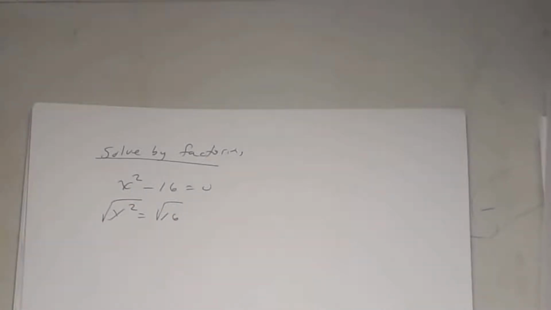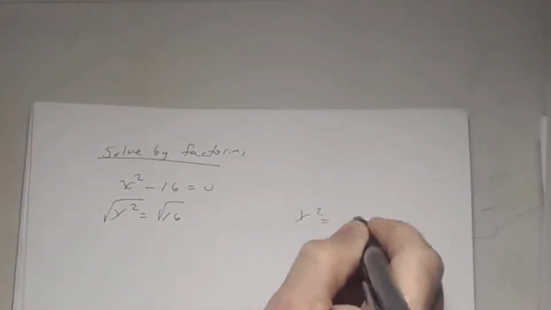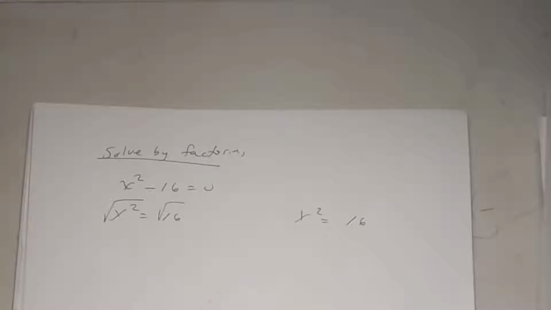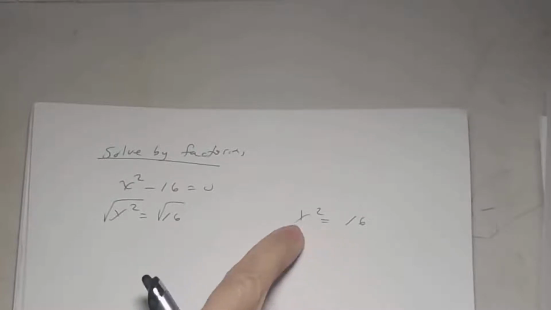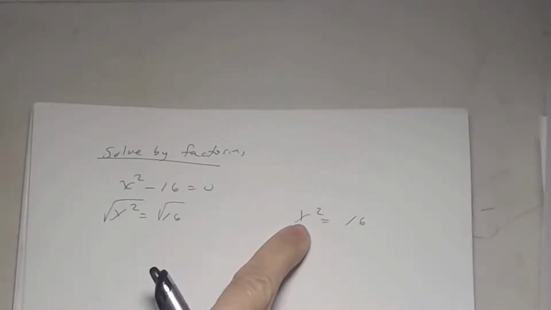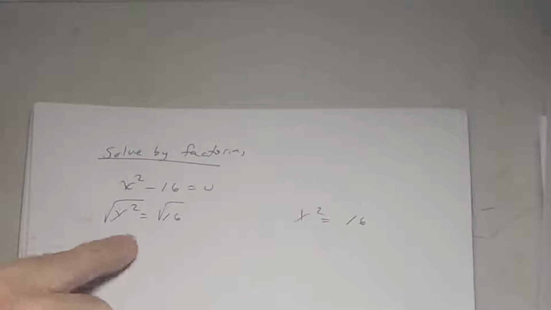But remember this. When I square a number, you can do this in your head. When I square a number and I want that to be positive, then what could x be here? What number squared is 16? Negative 4. Negative 4 times negative 4 is 16, and also what? Positive 4. So when you take the square root of both sides, you have to say plus or minus.